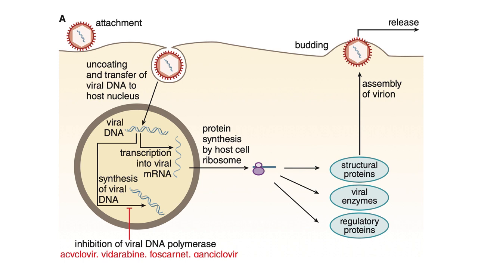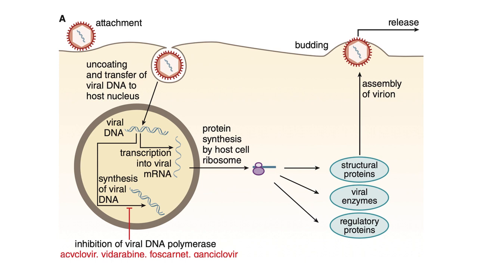This viral DNA enters the host cell's DNA, where it can be directly transcribed into viral messenger RNA, or it can be replicated, producing viral DNA. That step is called viral replication, and it is catalyzed by viral DNA polymerase.